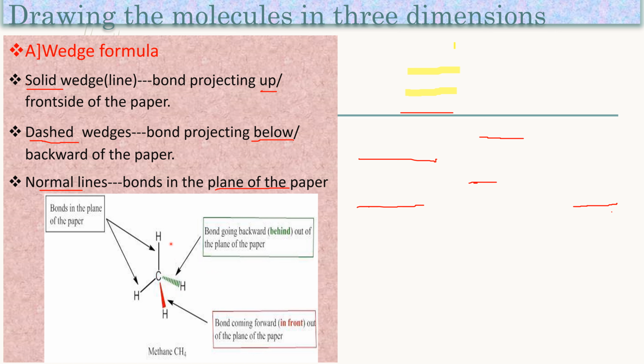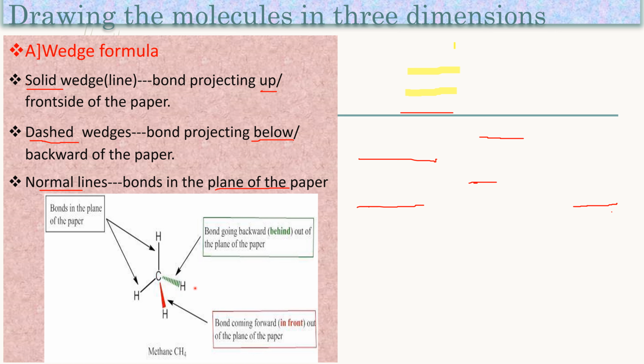Look here, this is the structure of methane in the diagram. Carbon is at the central position or center. It is considered to be present in the plane of the paper. Then this hydrogen atom, that is the CH bond, which is shown by solid wedge, is present in the upper plane of the paper or front side plane of the paper.